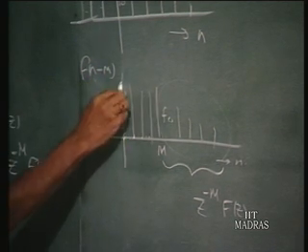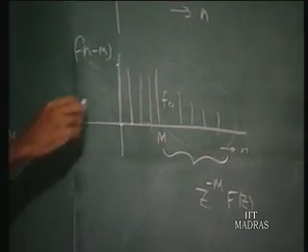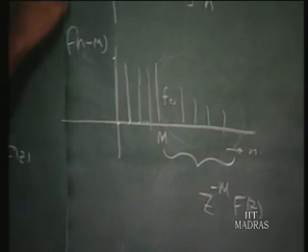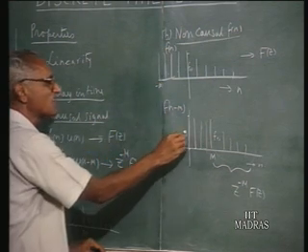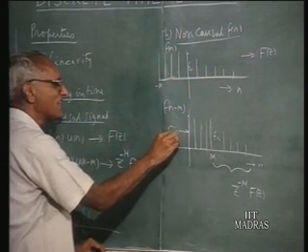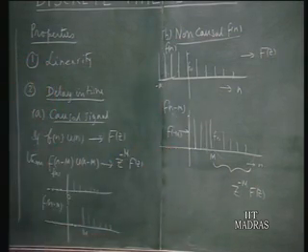So let us see what are the additional contributions of these samples. The sample that is coming here was originally at minus m. So this will be f of minus m. F of minus m is now standing at the origin.